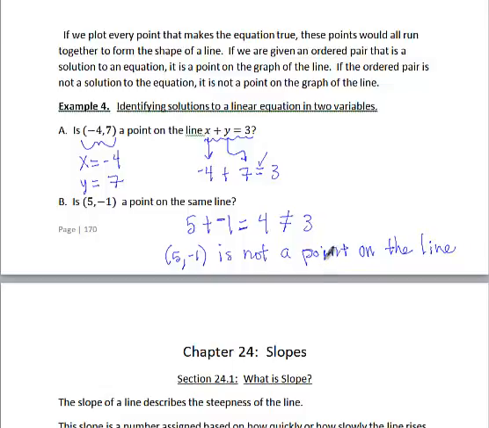So if it's one, then it's the other. Alright, a point on the line is a solution to the equation, and this goes for any type of equation, whether it's linear or not.